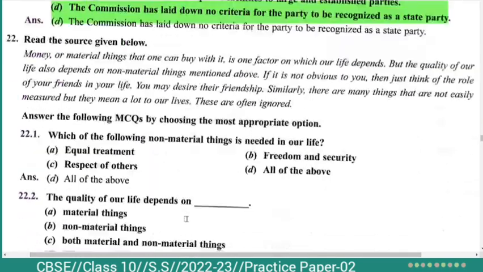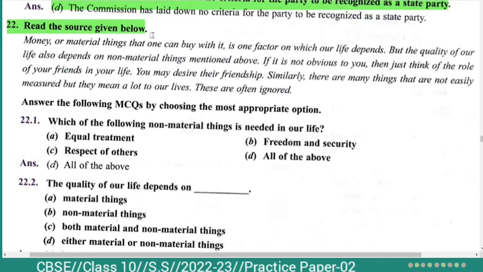Now, question number 22. Read the source given below. Money or material things that one can buy with it is one factor on which our life depends. But the quality of our life also depends on non-material things mentioned above.